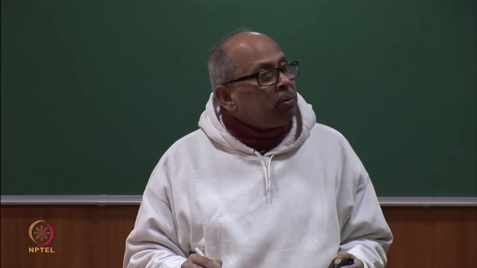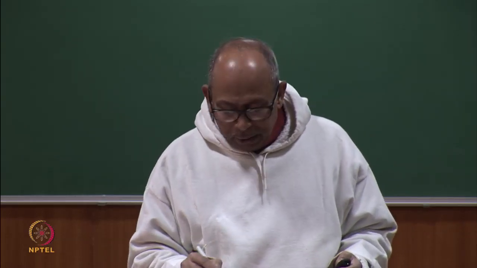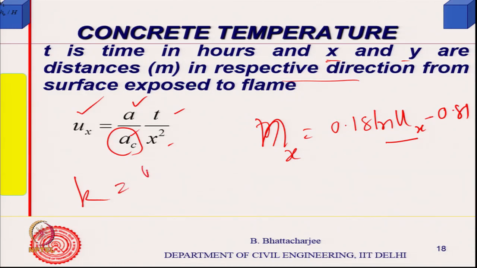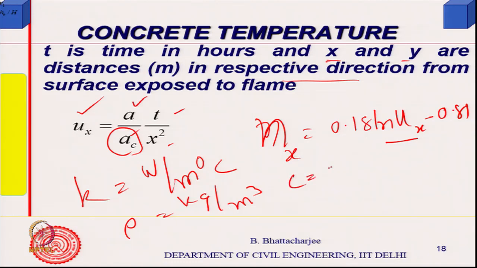What is the unit of diffusivity? The unit of conductivity is watt per meter degree centigrade, and density is kg per meter cube. C is joules per kg degree centigrade. So rho C is simply, with kg cancelling out, joules per meter cube degree centigrade, and k over rho C is the thermal diffusivity.